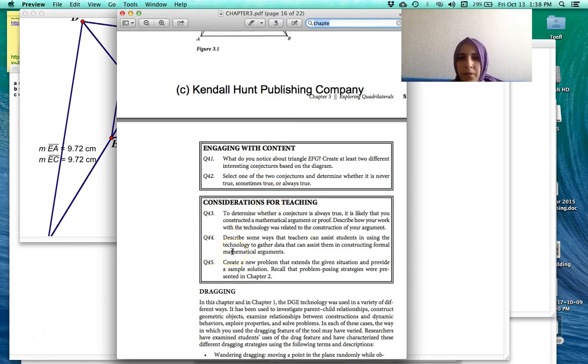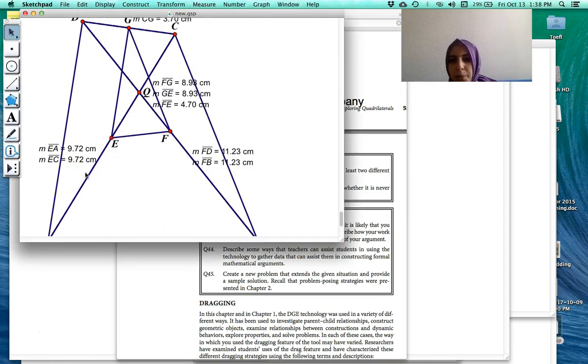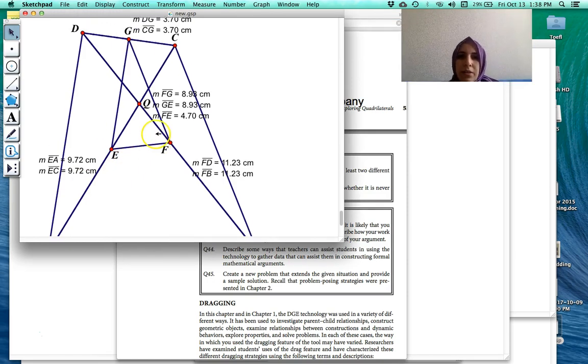Question 42. Select one of your conjectures and determine whether it is never true, sometimes true, or always true. For this quadrilateral, my first and second conjectures are always true. The figure shows why it's true.